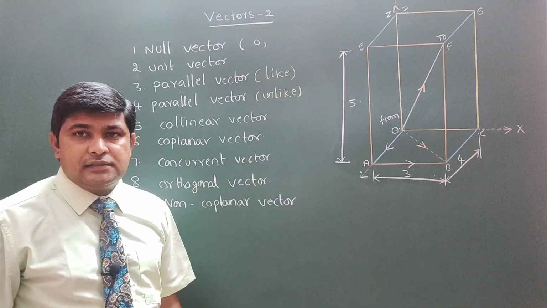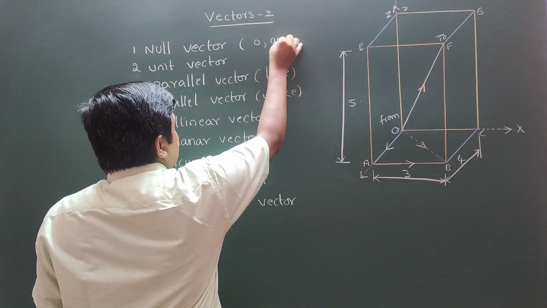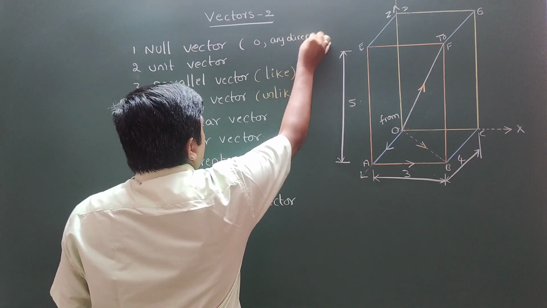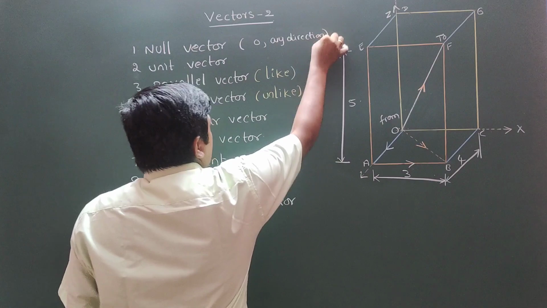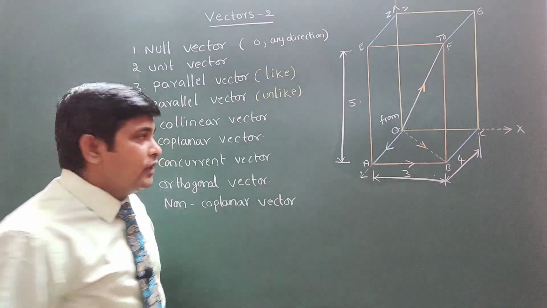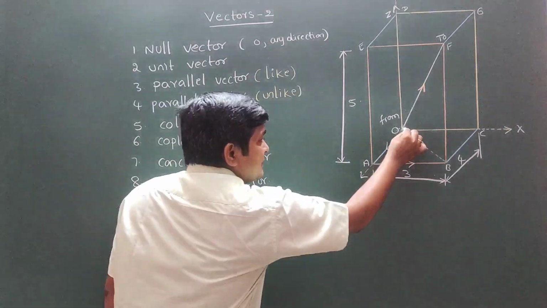and the direction can be any direction. How could it be? Now let us see. Suppose, what is the starting point of this whole system? You can say this is the starting point, right?